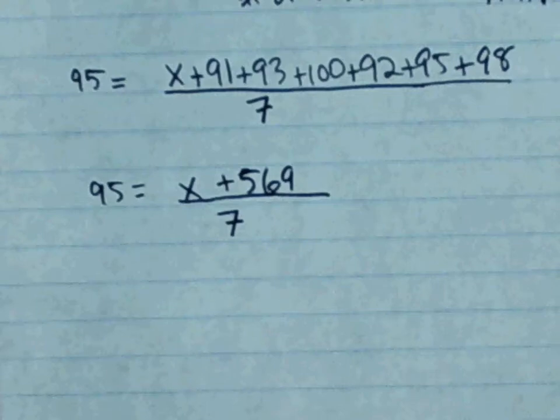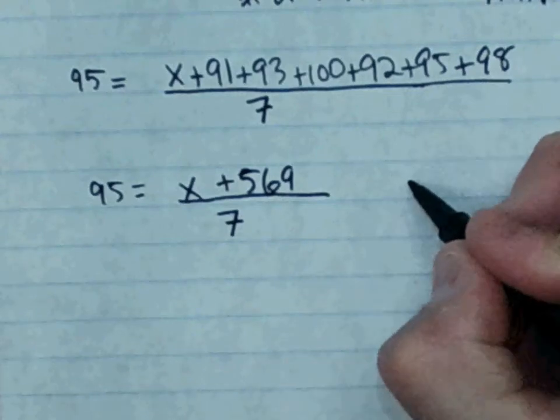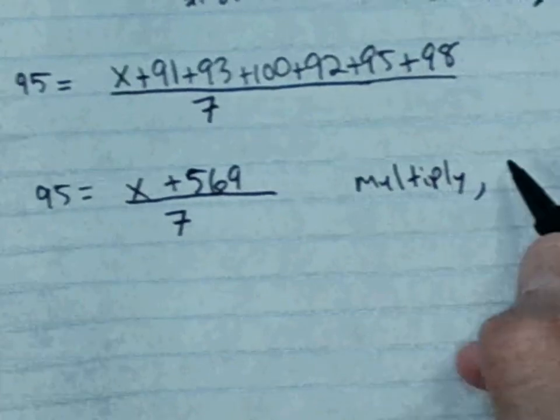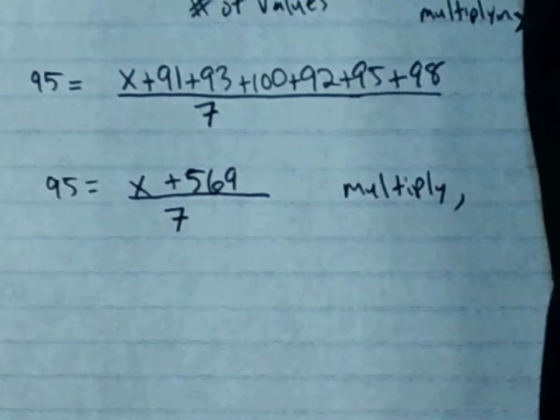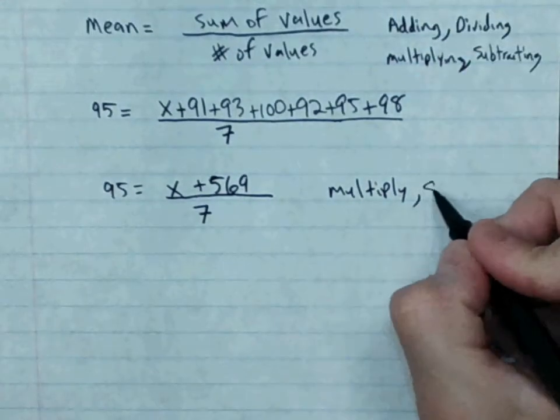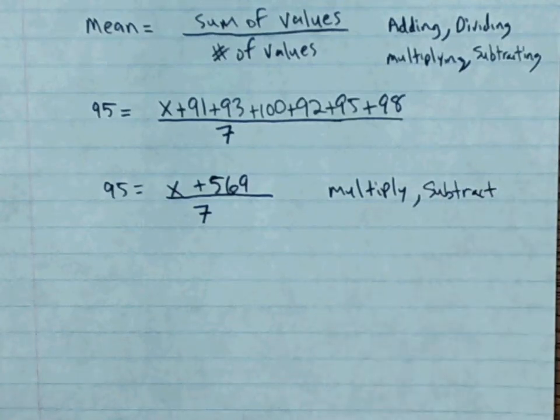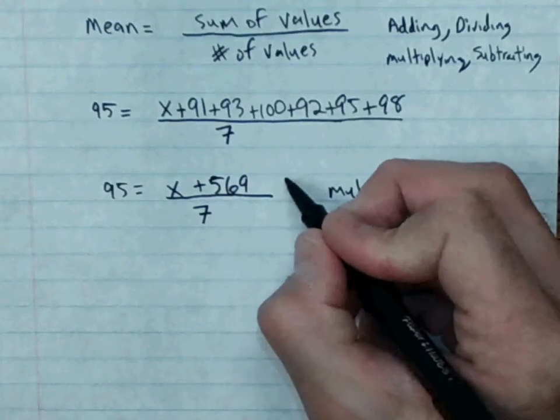Alright, so again, I told you to think of just two steps. Multiply and then subtract, because we're going in reverse of calculating mean. So multiply, well, what is doing the dividing? Because multiplication and division are inverse operations. Well, the 7 is doing the dividing, so that's what I'm going to multiply by.